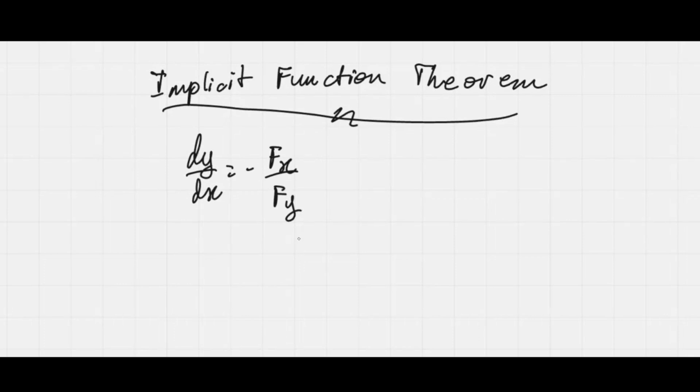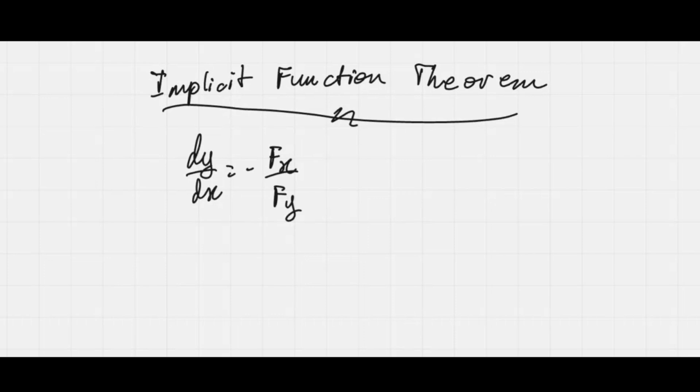I'm using sub notation here to basically say partial. So the partial of f with respect to x over the partial of f with respect to y, a negative value of that, obviously. And so what that means in practice is that we can do implicit differentiation of any given function so long as we set it equal to 0, right? We solve it for 0, and then we find the partial of f with respect to x, and then we can do the same for y.